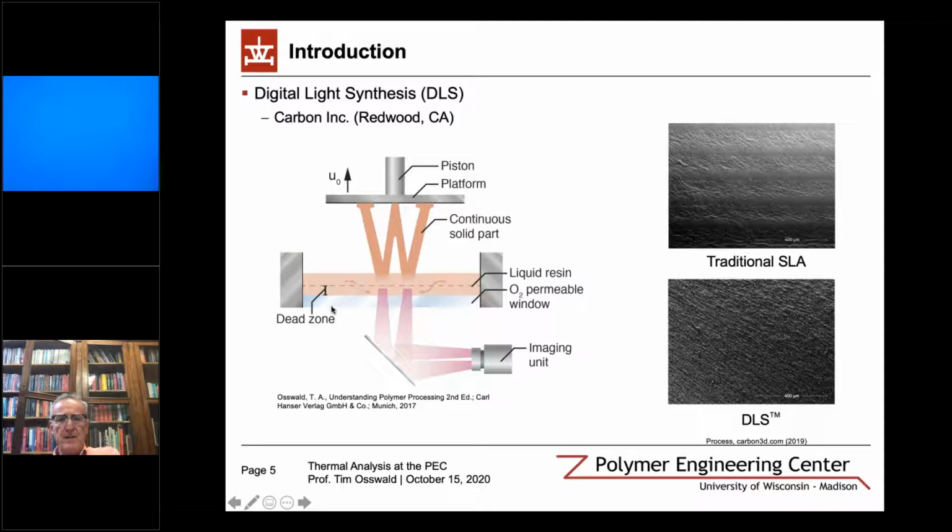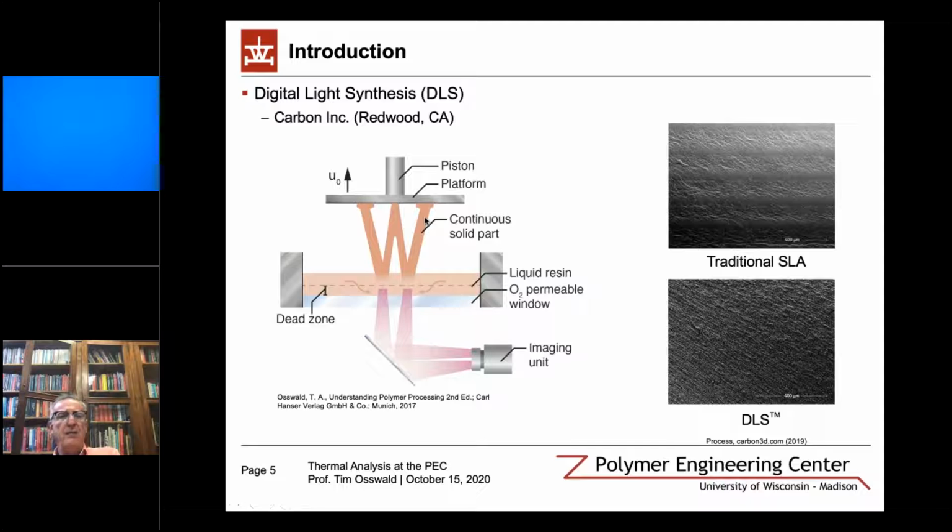The way this works, the additive manufacturing system has a window that is oxygen permeable, which saturates the surface near the window with oxygen, which hinders the curing with UV rays. And so it creates a dead zone, which allows for the flow of the liquid under the build as the platform moves up.